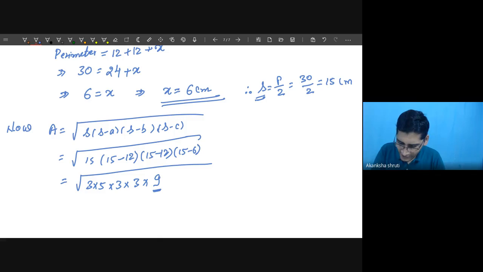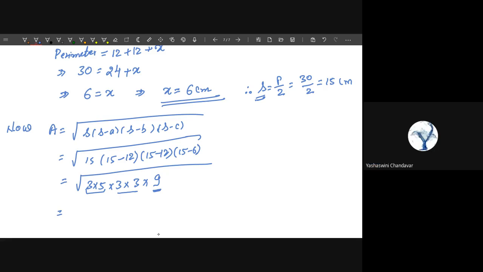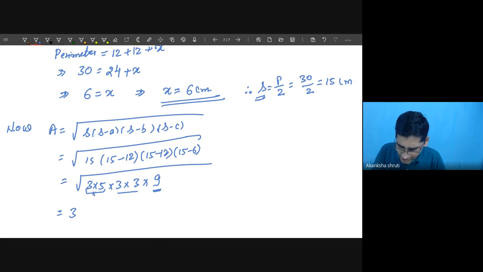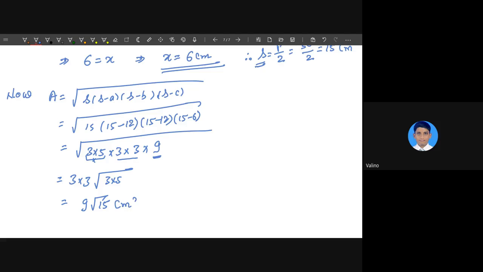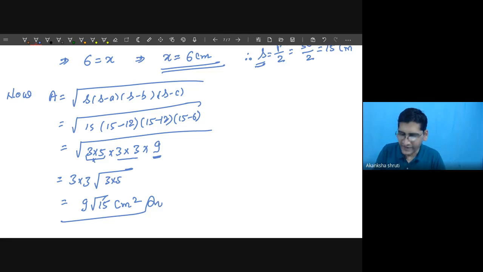So one of the 3 can be taken out, but this 3 into 5 will remain inside. So it becomes 9 root 15 centimeter square. This is the required area.